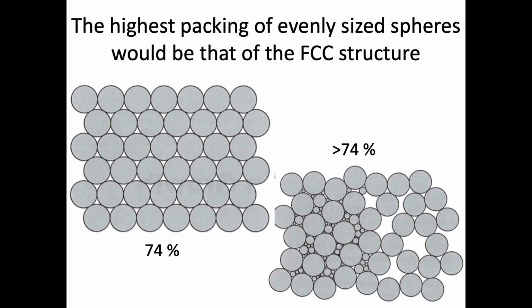We saw if we have evenly sized spheres, then FCC or HCP is the maximum packing we can have, and that's 74%, right? But in fact, we can have higher than that if we're not concerned with this uniform shape. If everything doesn't have to be the same, we can actually even increase that, right? If we can get things to go into those interstitial sites, we could actually maximize that particle packing. So sometimes that can be good.